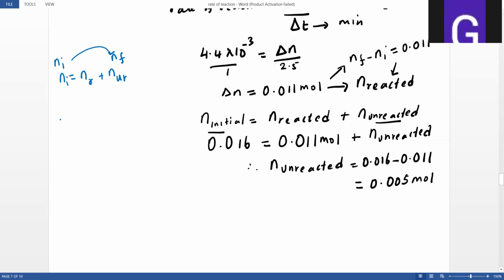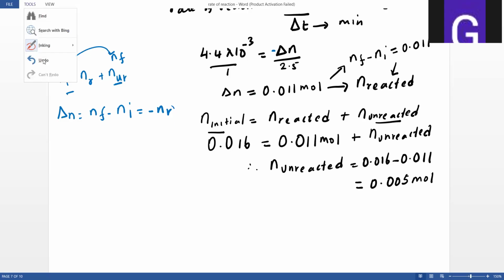The change in N is the number of mole final minus number of mole initial. The final is the unreacted, so if we subtract, this thing has to be negative N reacted. So if we want to avoid this, we either put a minus here when doing the working. That will still give us the same answer. I believe you're following. Right, let's move on.